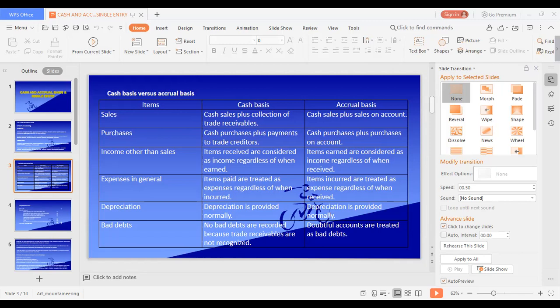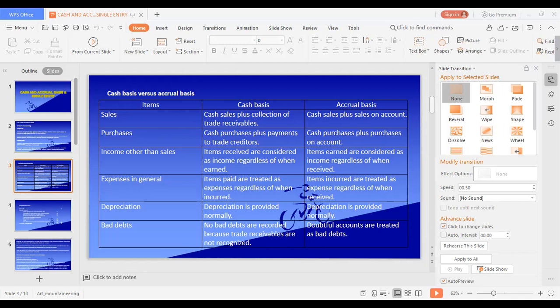Number 9, it's estimated that 10% of the outstanding accounts receivable on December 31, 2020 may prove uncollectible. So number 9, debit doubtful accounts and credit allowance for doubtful accounts. Now it's the rate of 10% multiplied by the accounts receivable balance at December 31, 2020, given in additional information number one, it's 250,000.